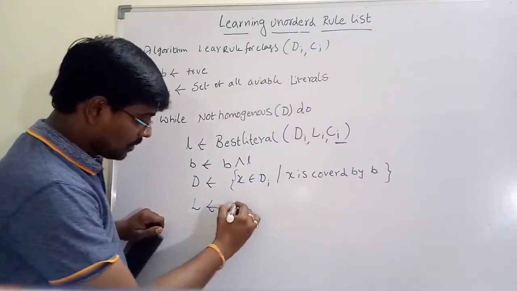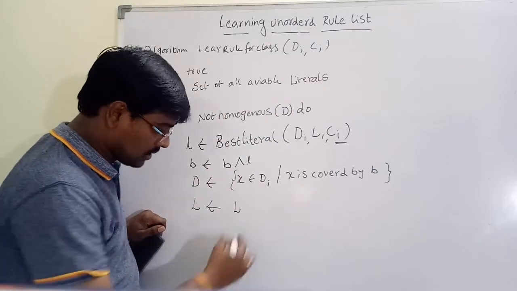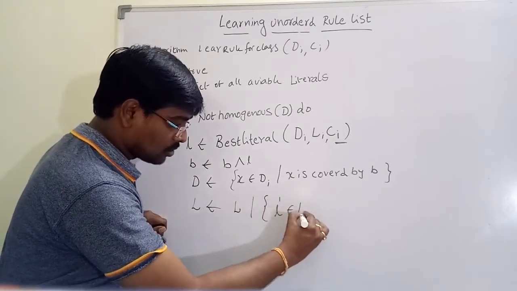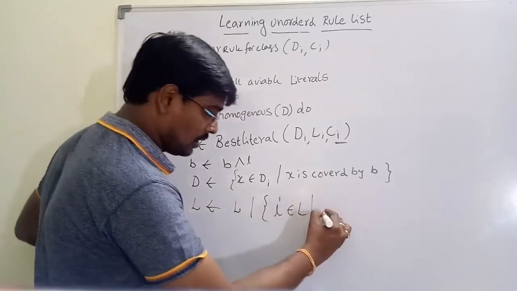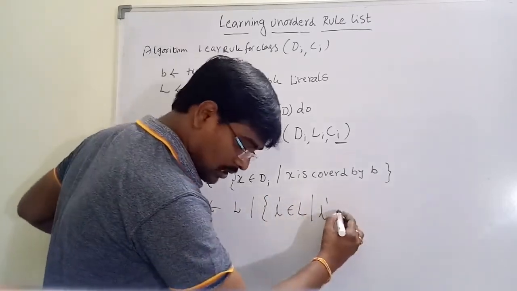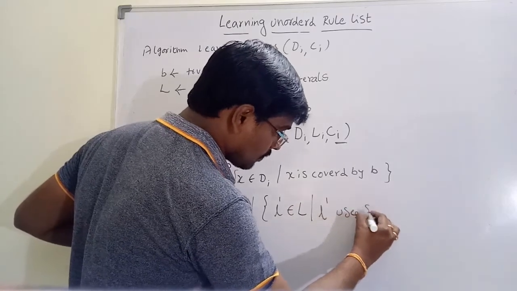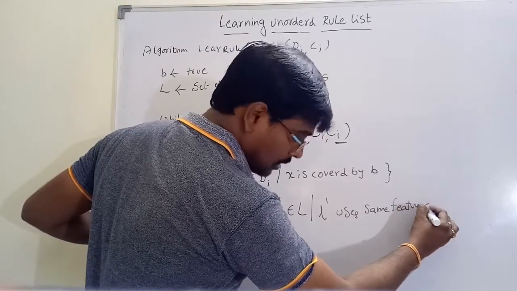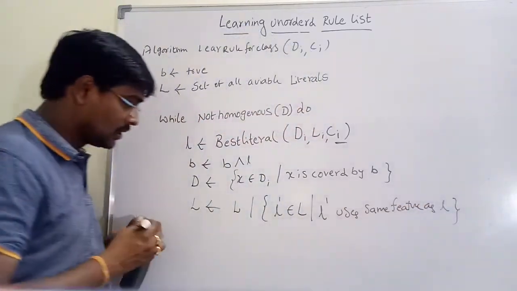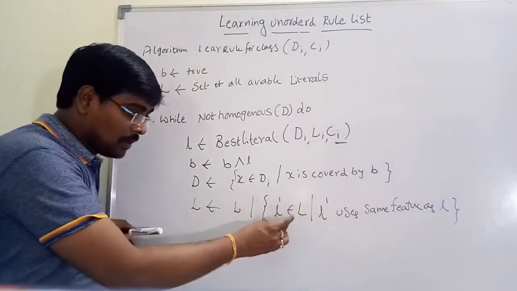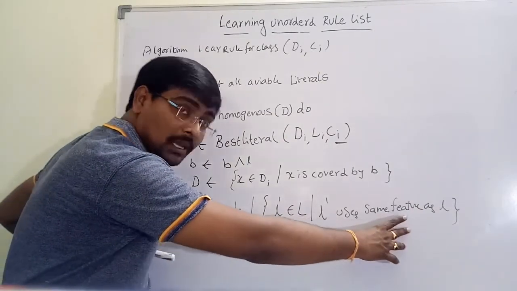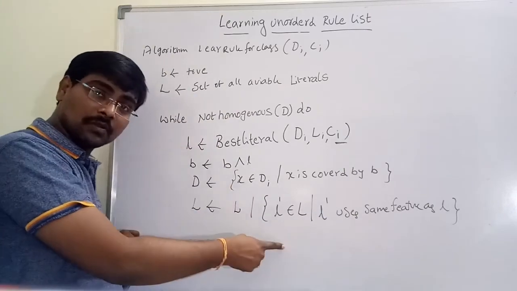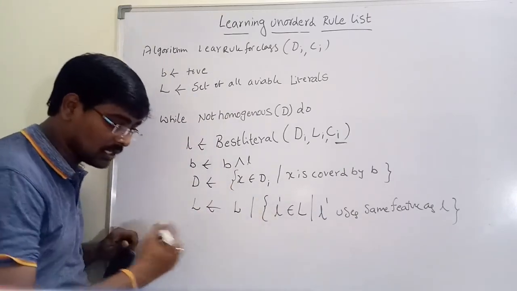Step by step we have to reduce the available letters L, such that L dash belongs to L and L dash uses the same feature as L. If the rule satisfies this, we remove those instances.